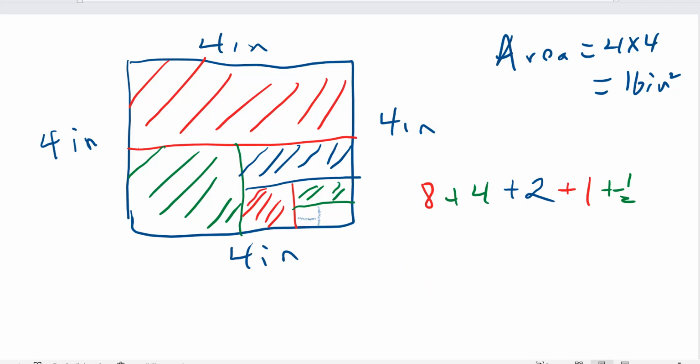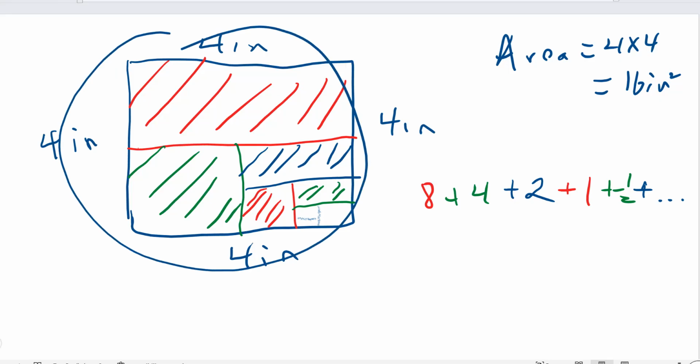So if we do this sum forever, then we'll basically finish painting this original square. Now, we know the area of the original square is 16 square inches, so this sum must end up being equal to 16. If you add up all those areas together, you will get 16. So that is how an infinite sum can be that.